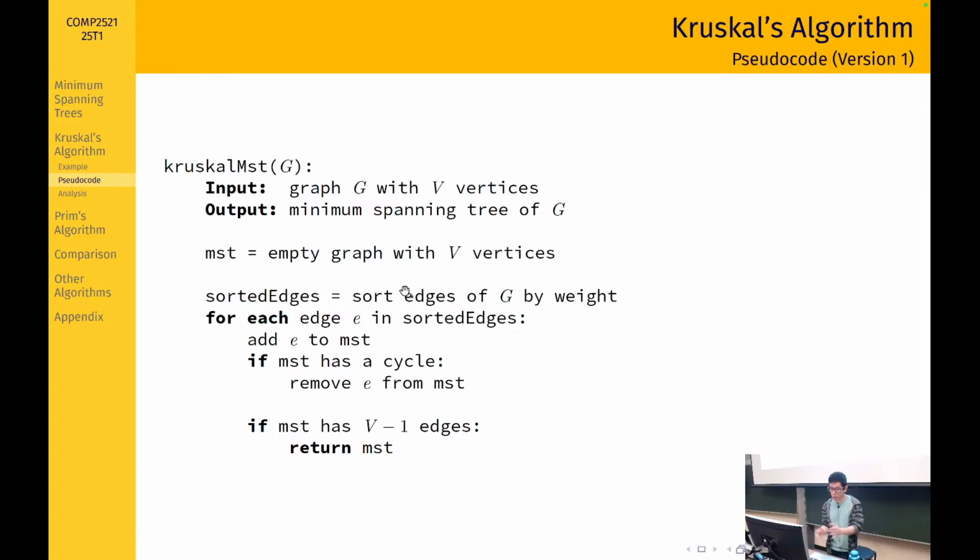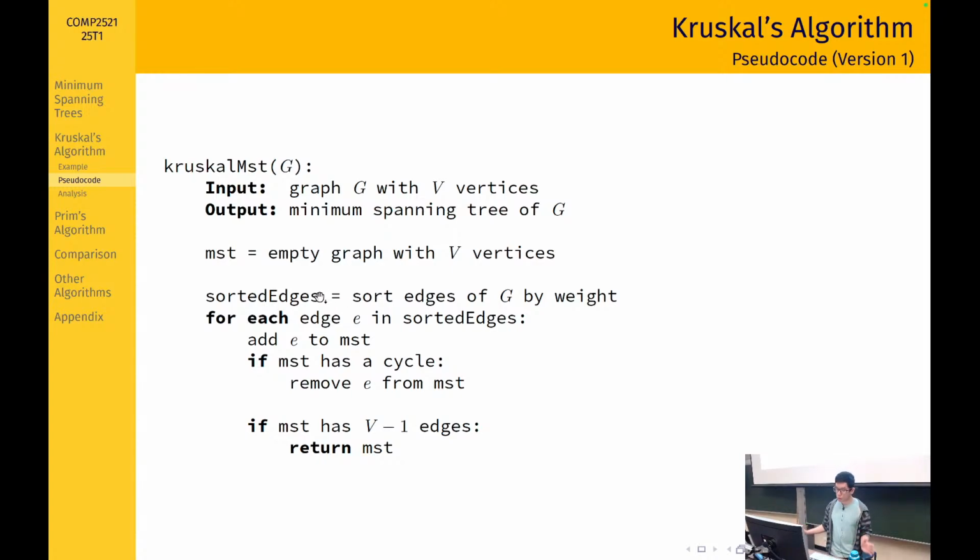We create an empty graph with V vertices. Then we sort the edges. How do we sort the edges? Maybe you use a sorting algorithm like merge sort, which would be n log n, or if the number of edges is E, then it would be E log E.